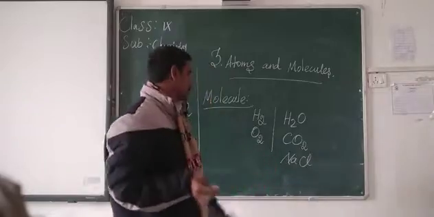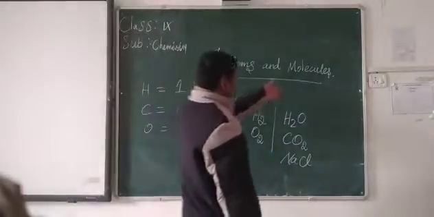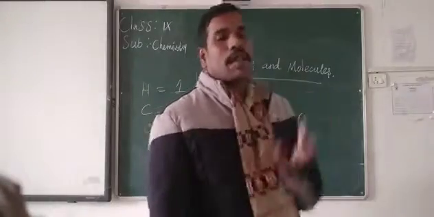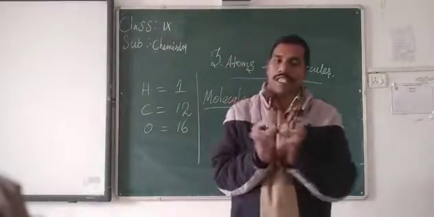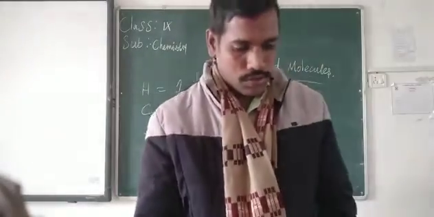These we can also say are molecules. When atoms of different elements are combined, we call it a compound. So in a molecule there will be different atoms, or atoms of the same element can be joined. It is called a molecule.